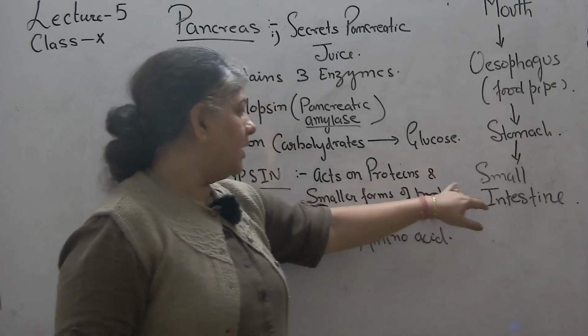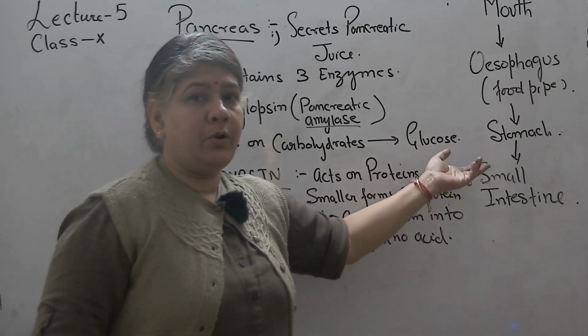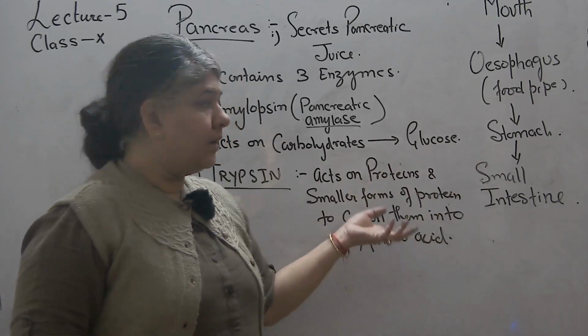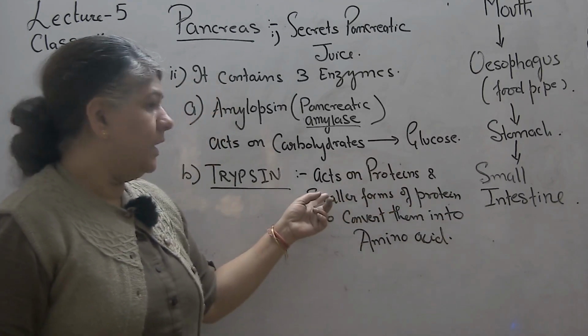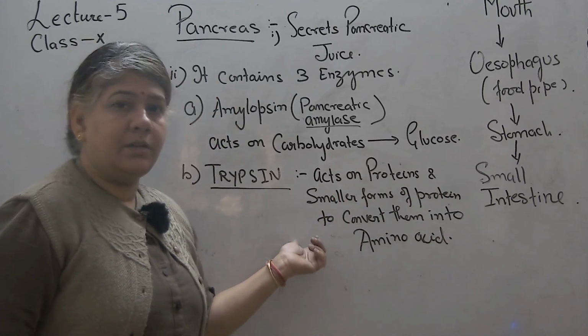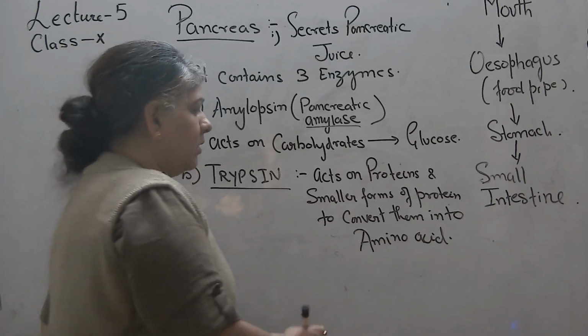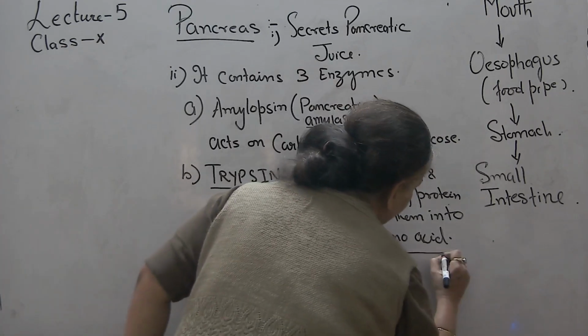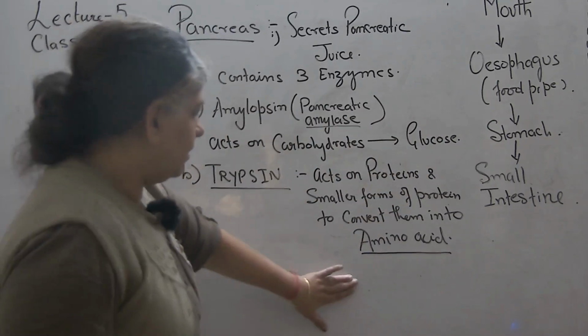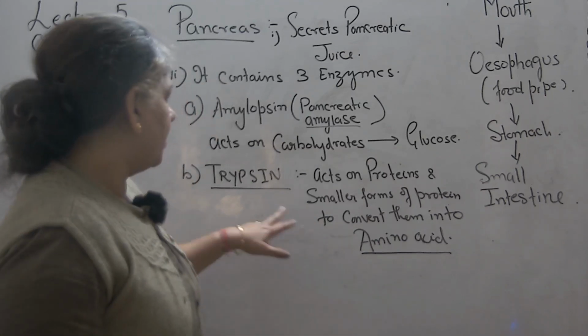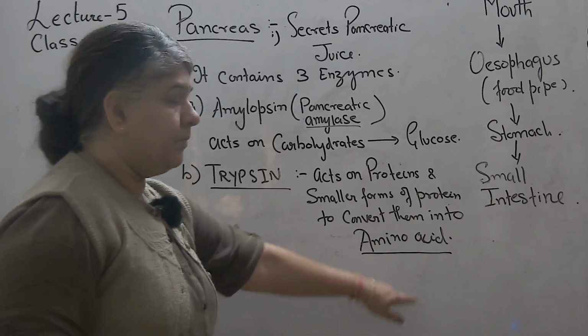So some of the protein that was left undigested is finally digested in the small intestine and converted into amino acid. So this is the last form, or the consequence, of digestion of protein.